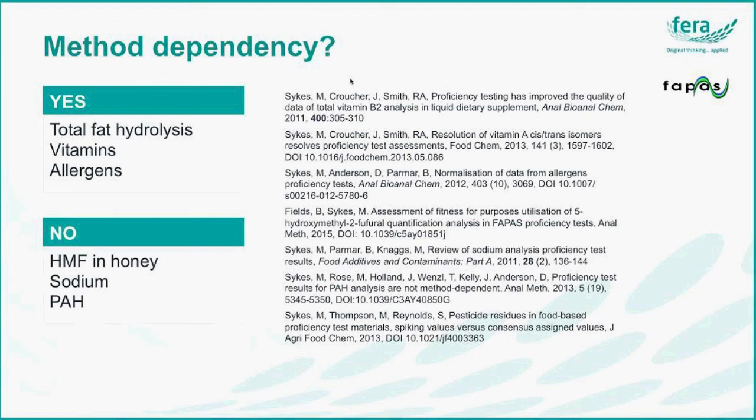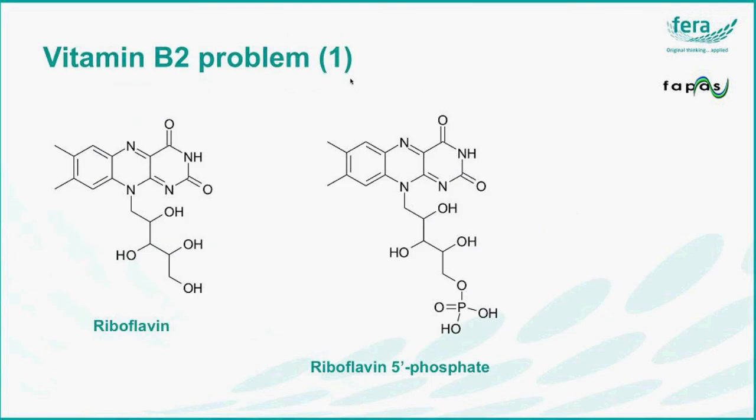For evidence and publications on all of these method dependencies, this list of publications on this slide is some of the scientific output from FAPAS. Let's look at a couple of these examples in detail, starting with vitamin B2.